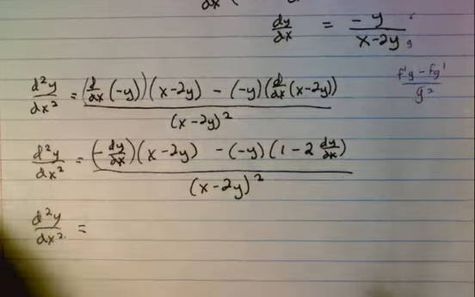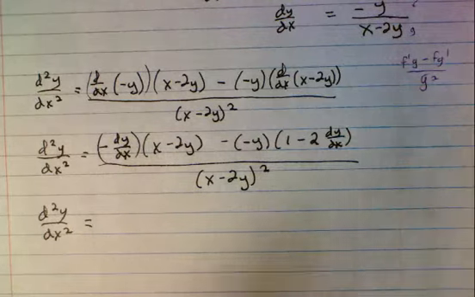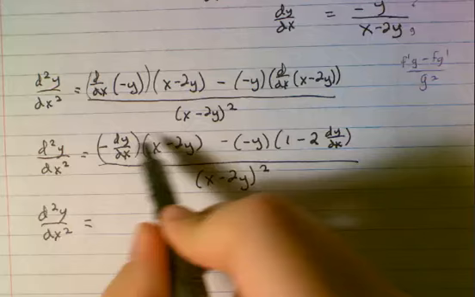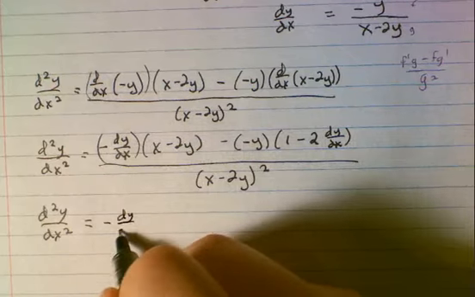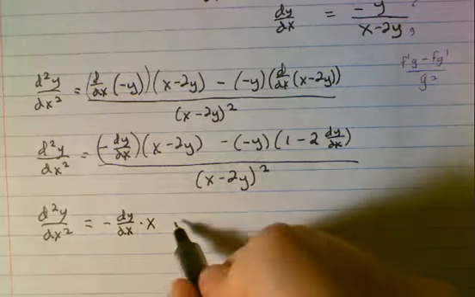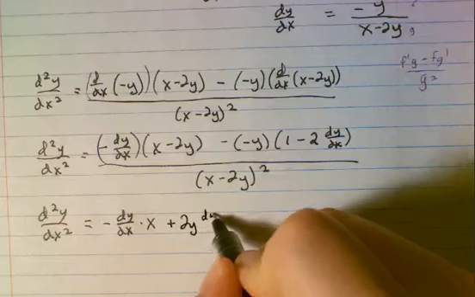Very often when we're doing these, something nice will sort of simplify out of here, so let's see what we can get if we simplify. So I'm just going to go ahead and distribute right here. So we've got negative dy dx times x. Negative times negative is a positive, 2y dy dx.